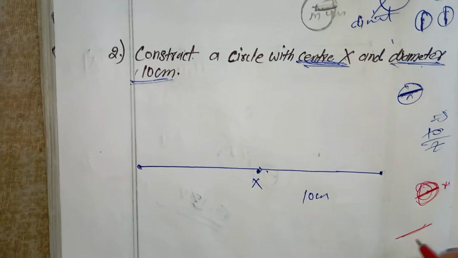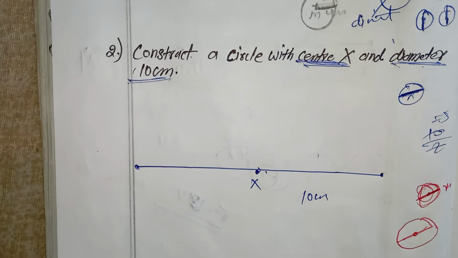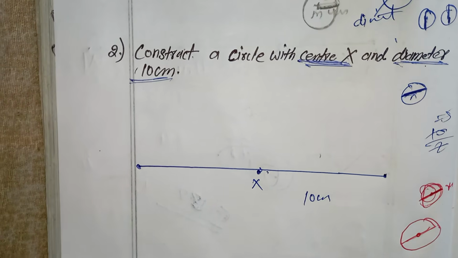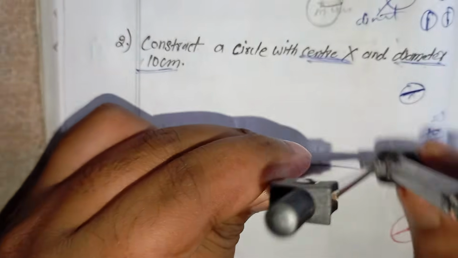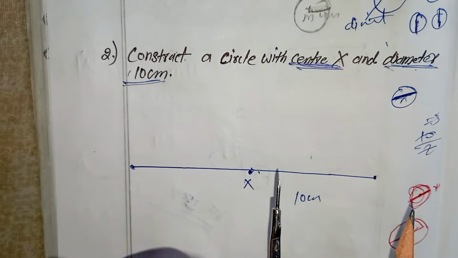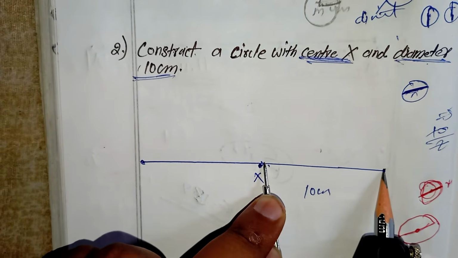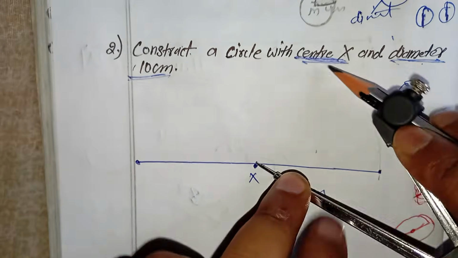Let's suppose this is full. You can draw like that also. From the center, you can put the compass in the center, or here also, and then you can draw the whole line.